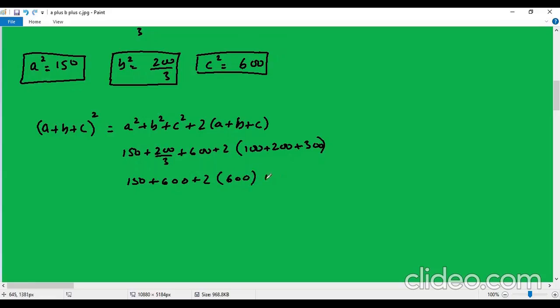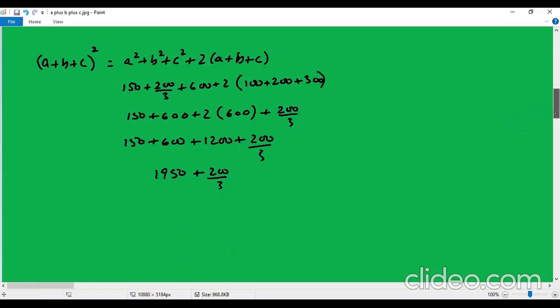I'm writing 200 over 3 at the very last for a reason. Now 150 plus 600 plus 1200 plus 200 over 3 is ultimately going to give us 1950 plus 200 over 3.